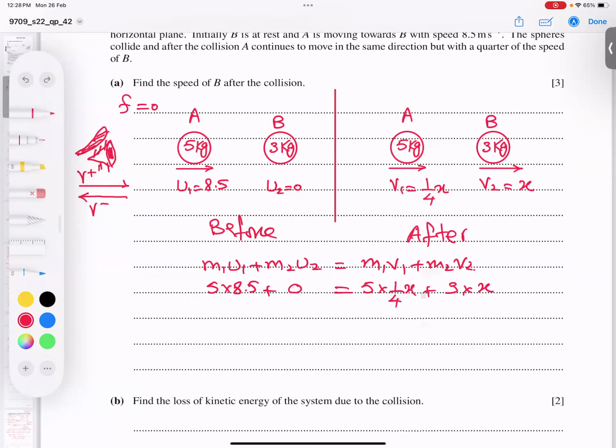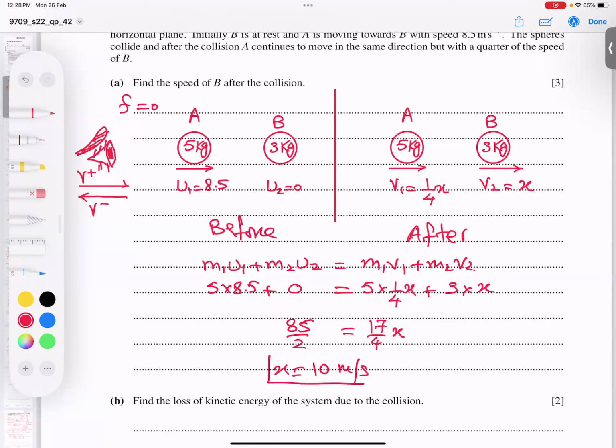So 5 divided by 4 plus 3 gives 17 over 4 X. And 5 times 8.5 gives 42.5, or in fraction form, 85 over 2. If I simplify, dividing this value by 17 over 4, it gives me 10 meters per second.